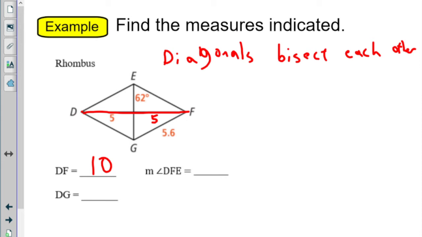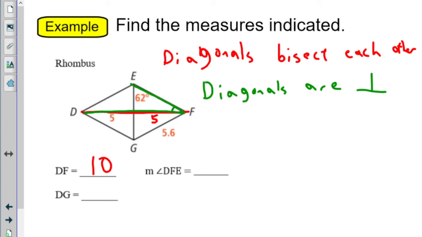Then the problem asks us about DFE, angle DFE. Now, to get this measurement, we're going to use another fact about the diagonals in angle measures, which is that the diagonals in a rhombus are perpendicular.